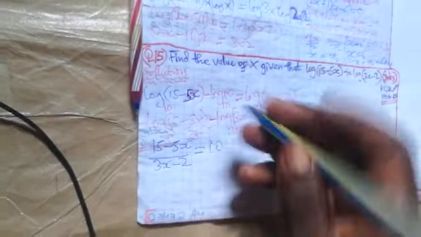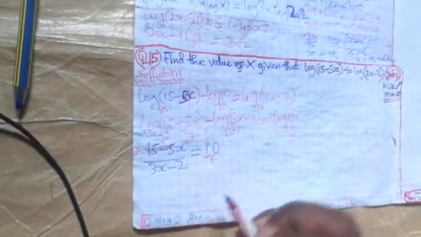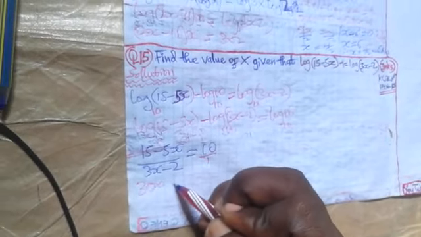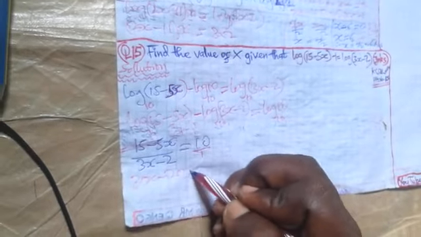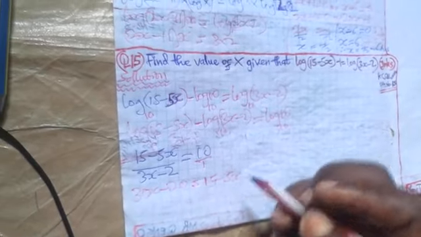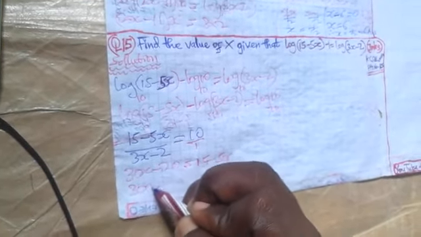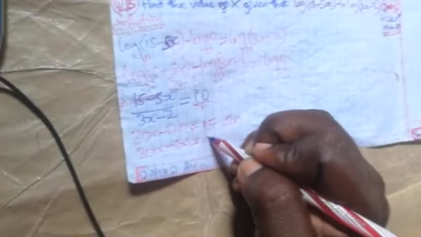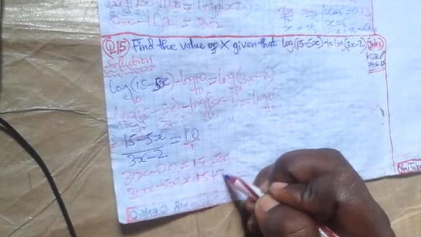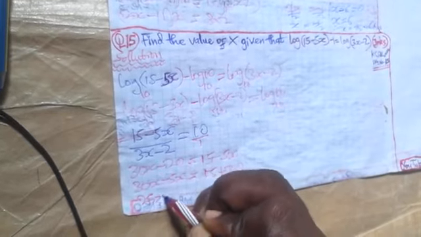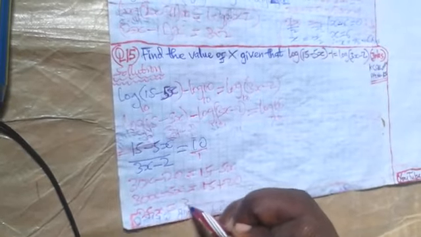By cross multiplying both sides, because this is divided by 1, we get 30x minus 20 is equal to 15 minus 5x. Now 30x plus 5x is equal to 15 plus 20. This will give us 35x is equal to 35.